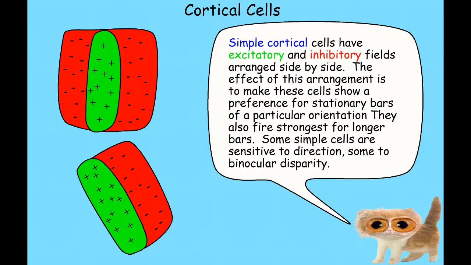They also fire strongest for longer bars. Simple cells are more sensitive to direction, some to binocular disparity. And so they're starting to extract bars, orientations, sometimes direction, sometimes binocular disparity.